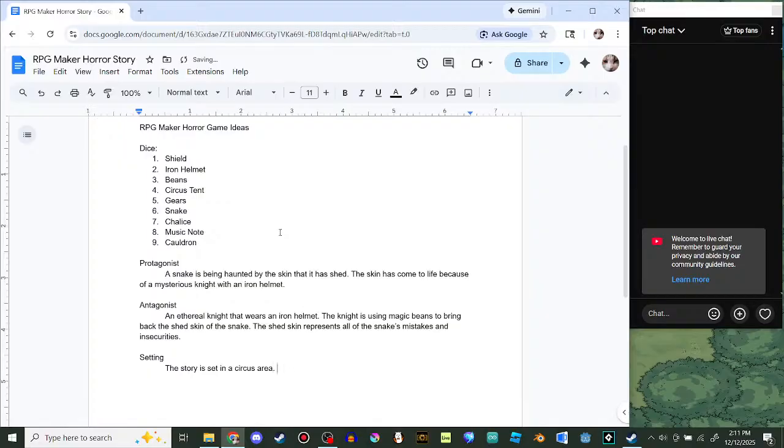Like, we don't want to be confined to just a tent. Okay, so what if the ethereal knight is a snake tamer in a cool helmet.